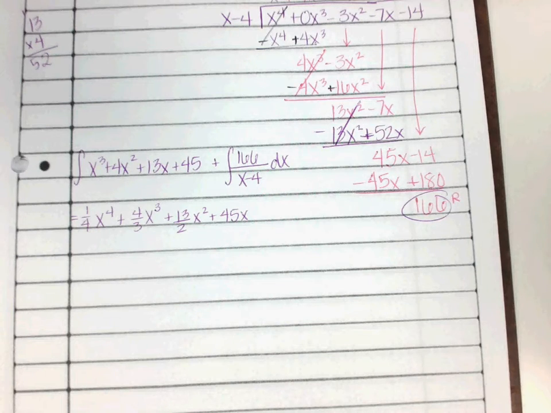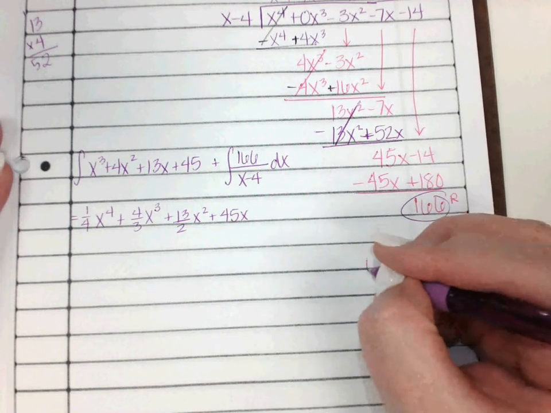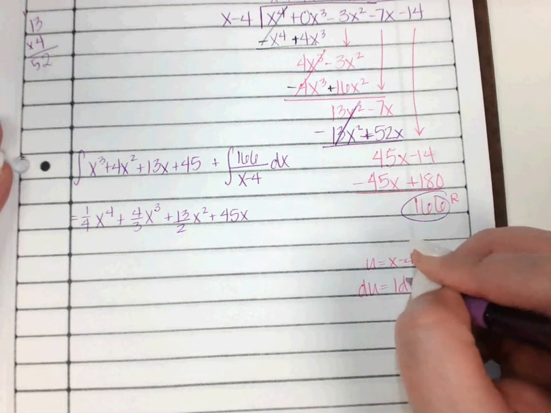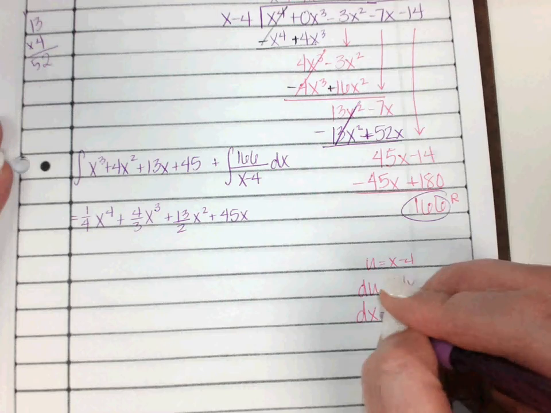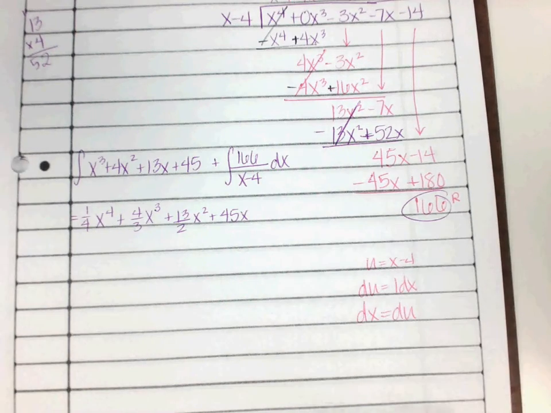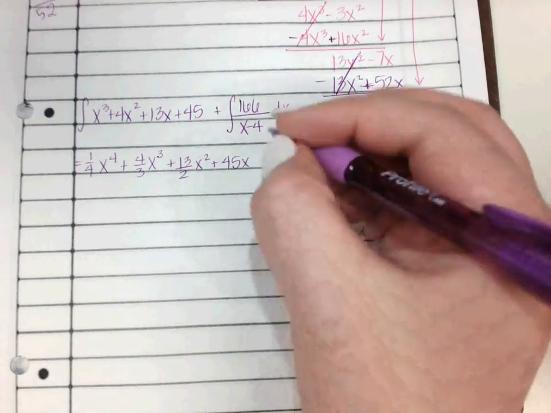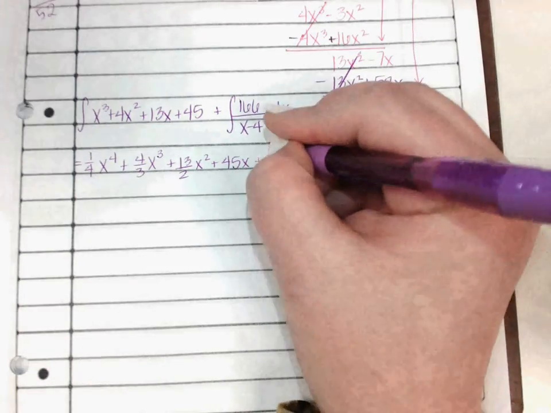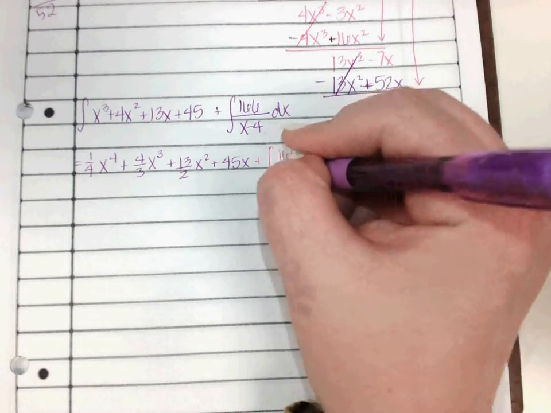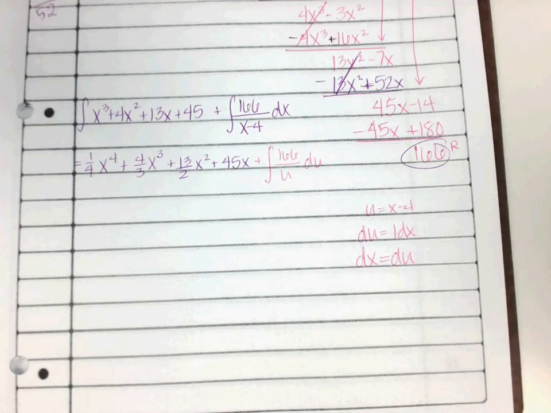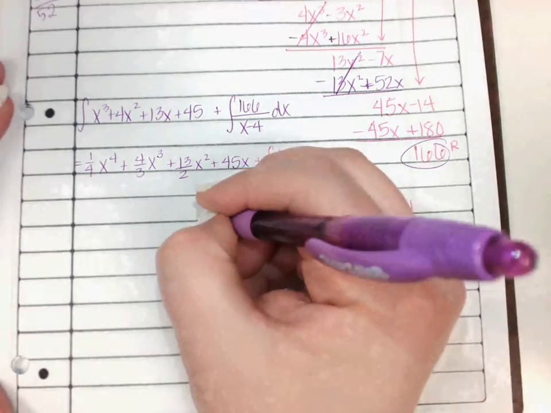So my u is going to be x minus 4. du is going to be 1 dx, which means that dx and du are basically the same. You can put the over 1, but it doesn't change anything. So this integral is now going to be 166 over u du, over 1, but no one cares. 166 moves out. What's the integral of 1 over u?